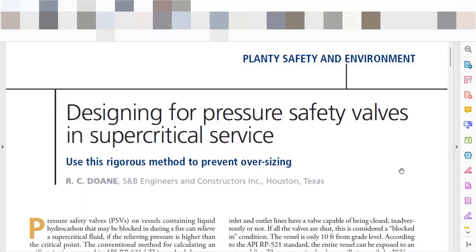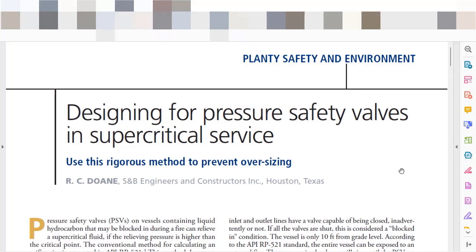Some years after Ryan's work, Richard Duane proposed a rigorous methodology for the design of pressure safety valves in supercritical service. In summary, Richard uses as the basis for his paper the work developed by Ryan.